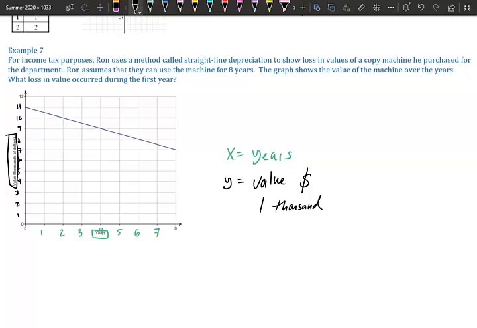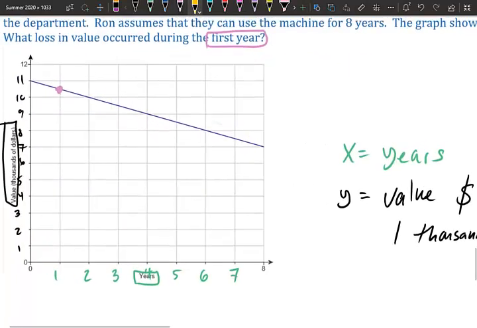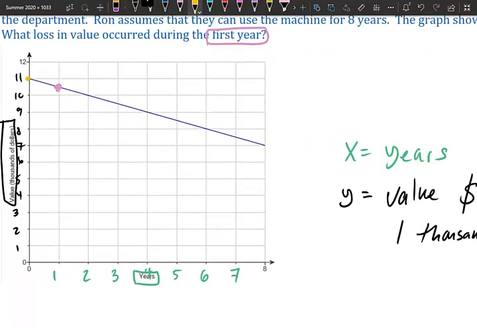So we want to know the loss the first year. So that point right there, it's not perfectly somewhere. I don't know where that point is. But I do see this perfect point and this perfect point. So the first perfect point is (0, 11).